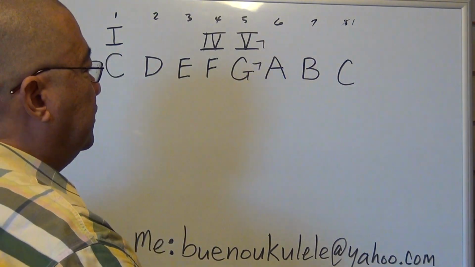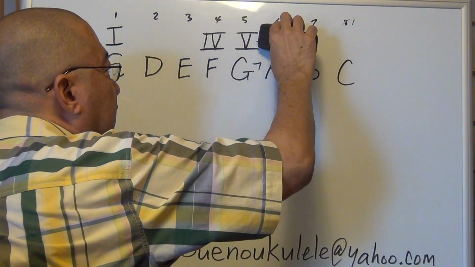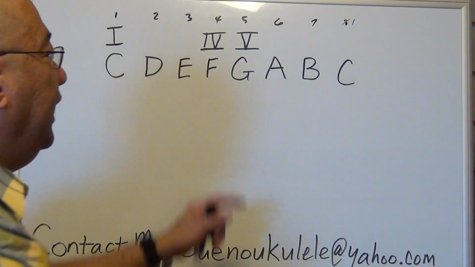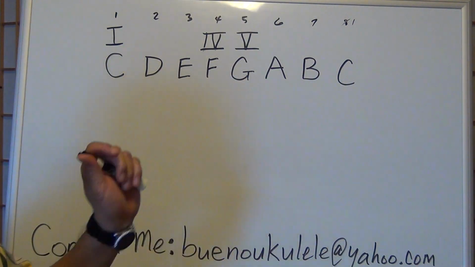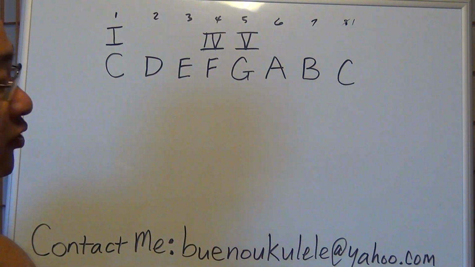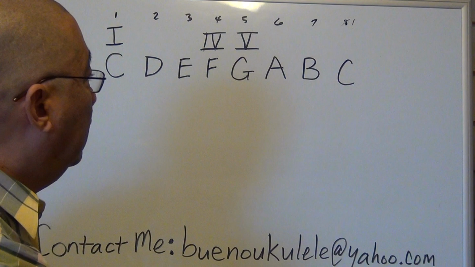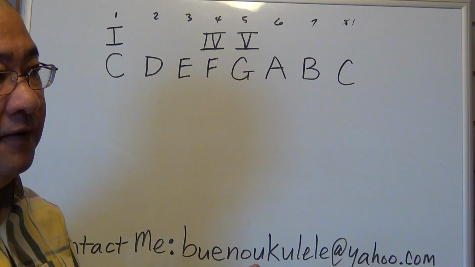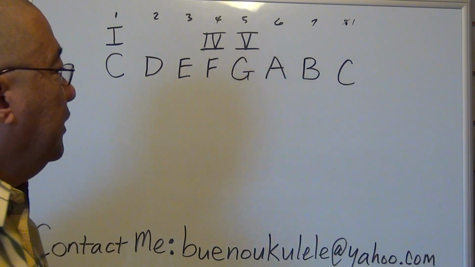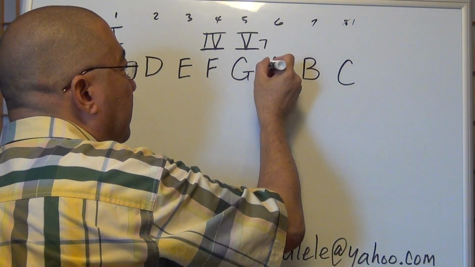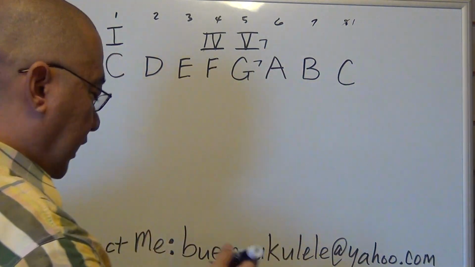Turning the G into a G7, or just a regular 5 chord, keeping that G regular. Either way, it's perfectly fine. It's just how you want to do it in the song, or how the song is being done. But for the level that you're at right now, we're going to call it the 5/7 chord, just so that we can remember that and keep that in our minds.